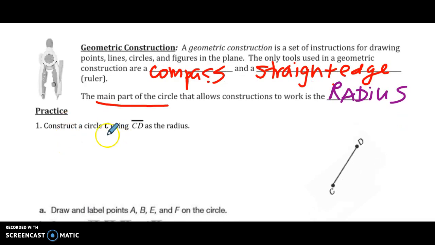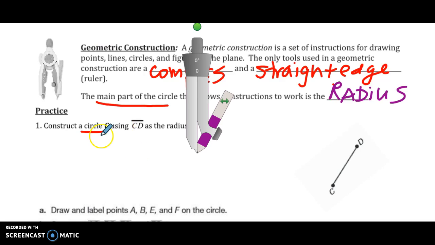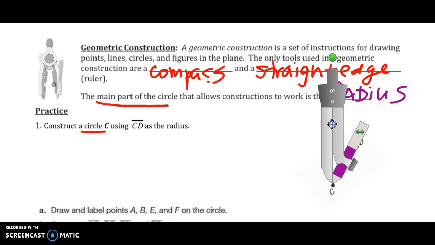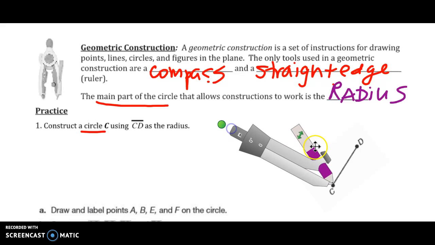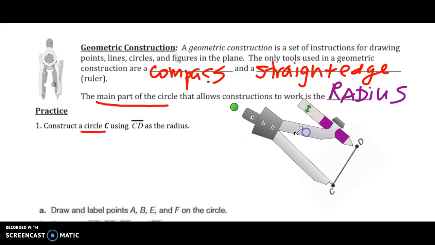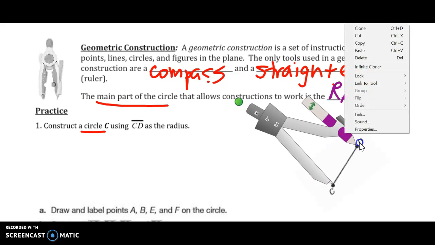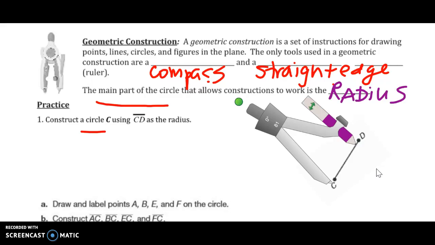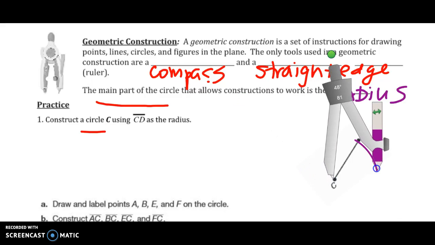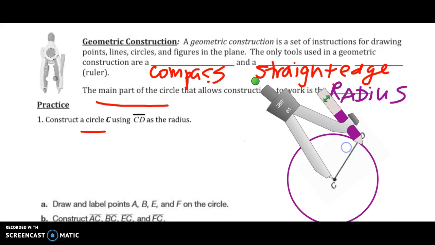So we're going to construct a circle C using CD as the radius. Keep in mind that circles are named for their center. So if they want a circle C, we are going to center that circle at C. So I put my compass point at C, open it the length of the radius CD, kind of like we're copying the segment here, and we'll go all the way around.